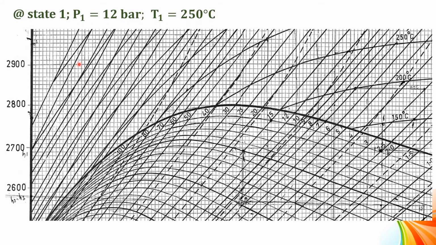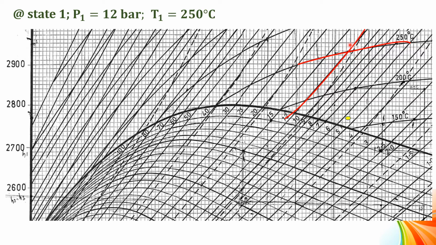So in our problem, they have given at state 1 pressure P1 equal to 12 bar and temperature T1 equal to 250 degrees centigrade. So we have to mark the P1 and T1 values in the Mollier diagram. See, this is the 12 bar pressure line and this is the 250 degree constant temperature line.